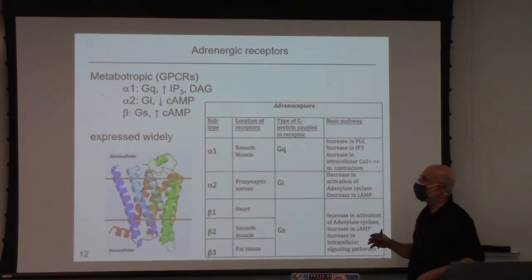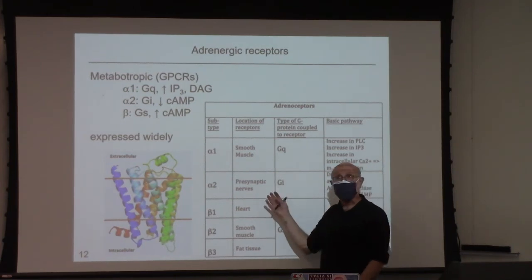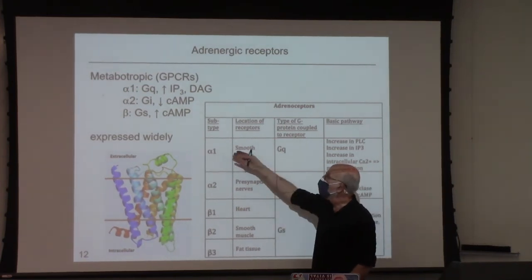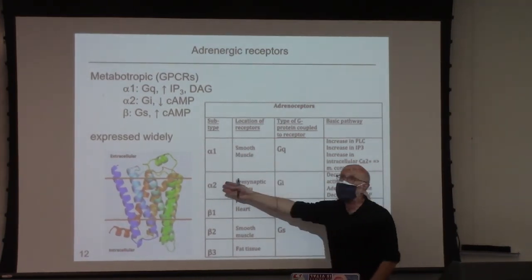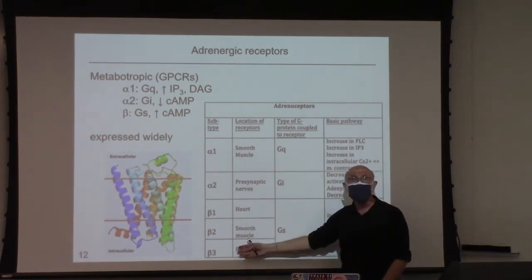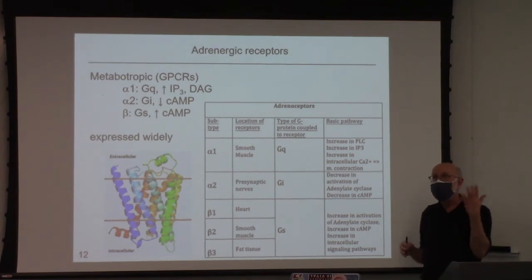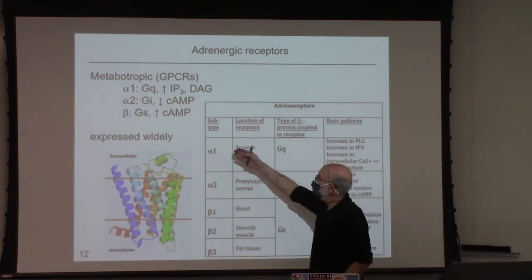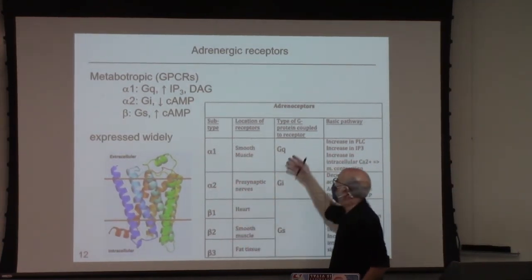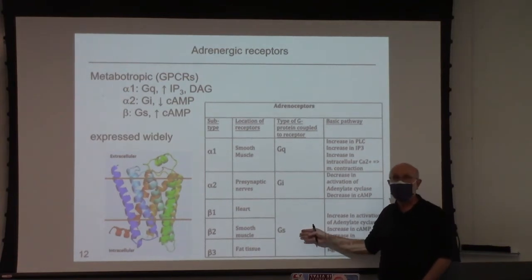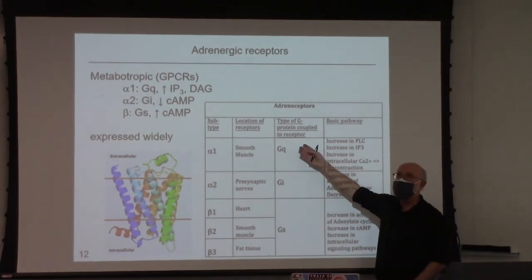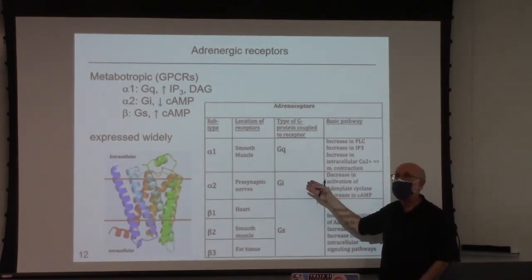I do not memorize, this is for reference, do not memorize what the alpha-1 receptors do, what the alpha-2 receptors do, what the beta-1, beta-2, and beta-3 receptors do. Do not do that. But do know that different GPCRs are coupled to different G proteins, and know the stories of those G proteins and the things downstream from them.